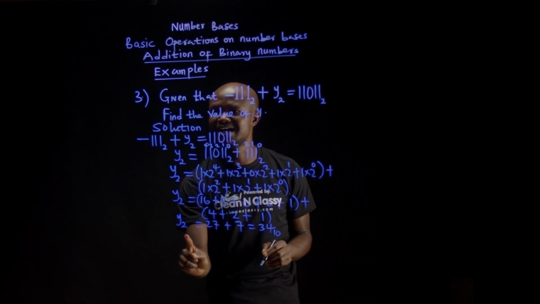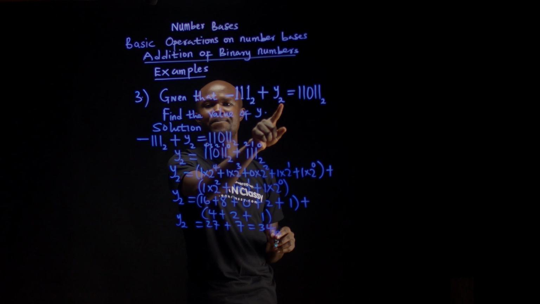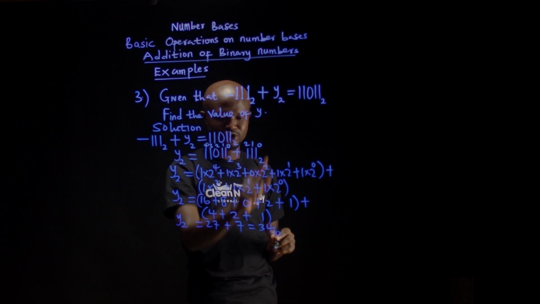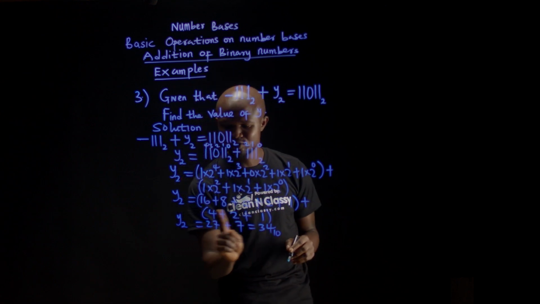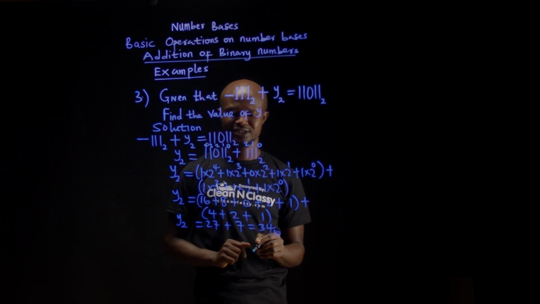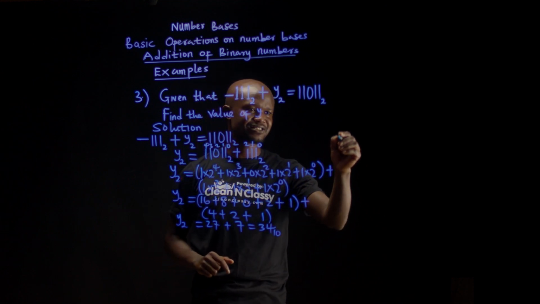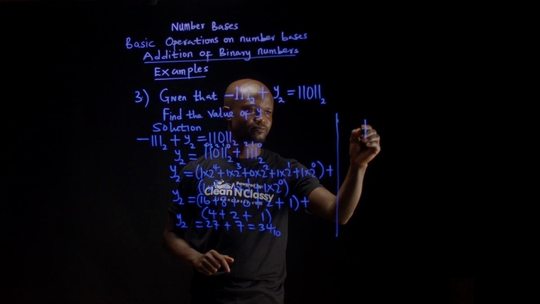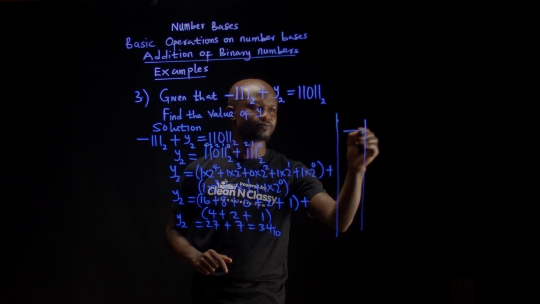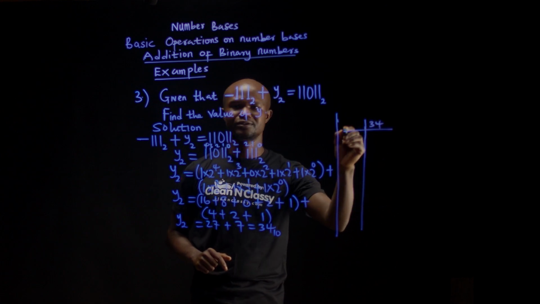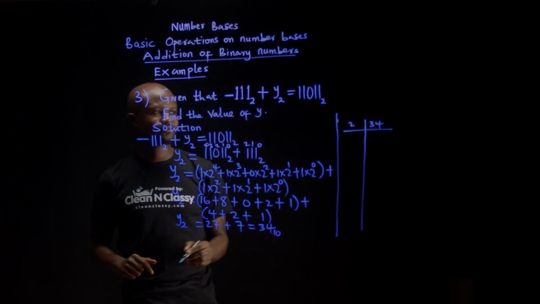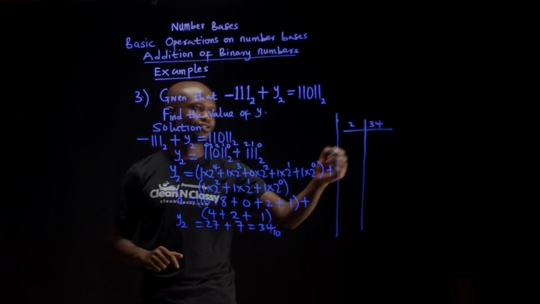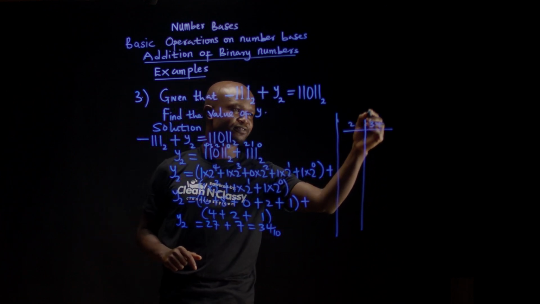But our answer is expected to be in base 2 because y is in base 2. So we need to convert 34 base 10 to base 2. Now we are going to do that. This is 34. We now divide by 2. 34 divided by 2, what will I have?